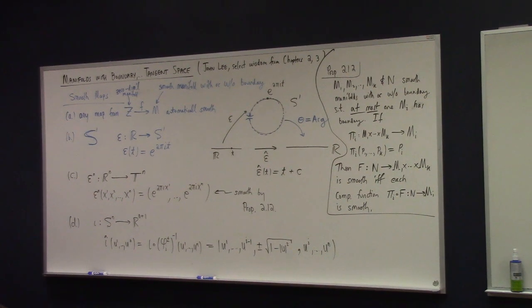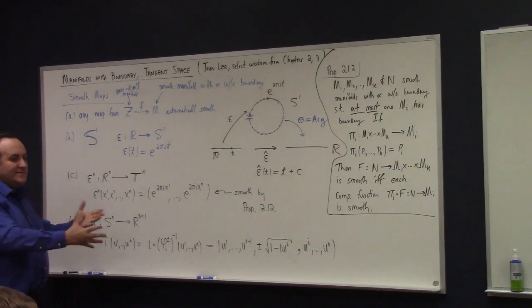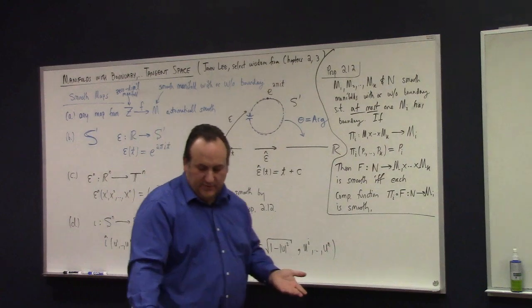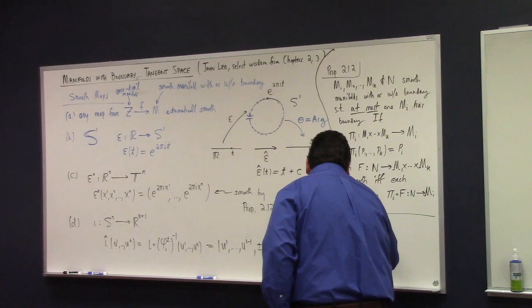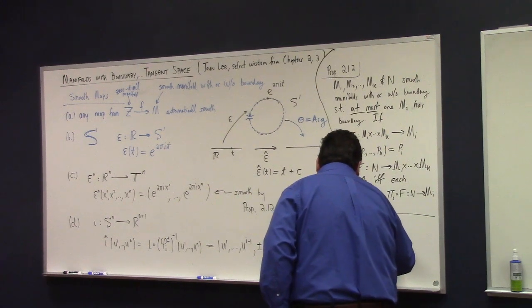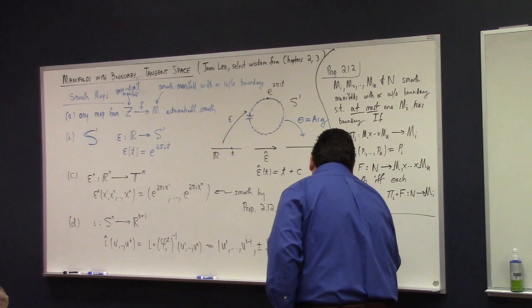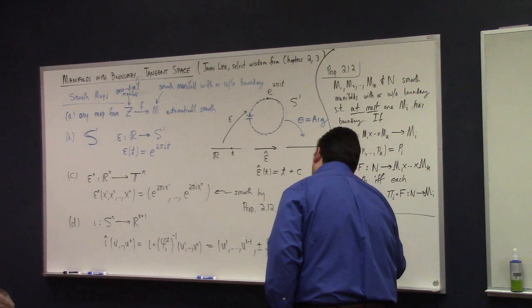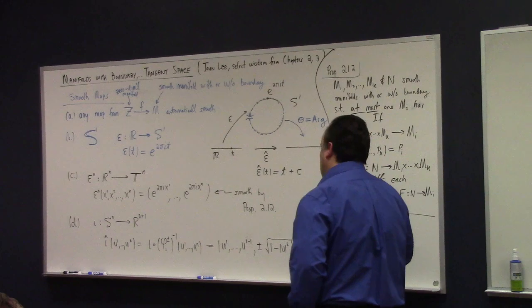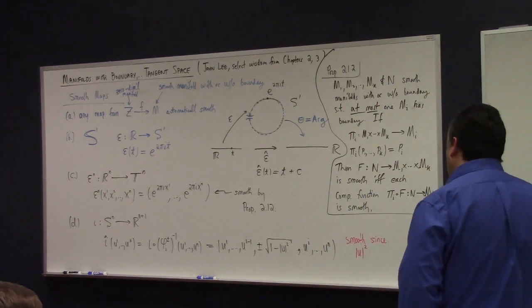Now, my question to you would be, where would this map get into trouble? Or another way to ask this is, why is this smooth? What would the trouble be? Notice that the length of u squared is, hold on a second.